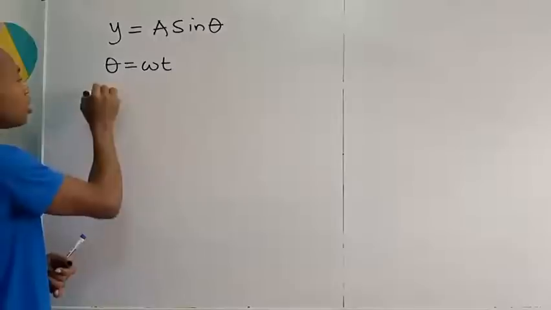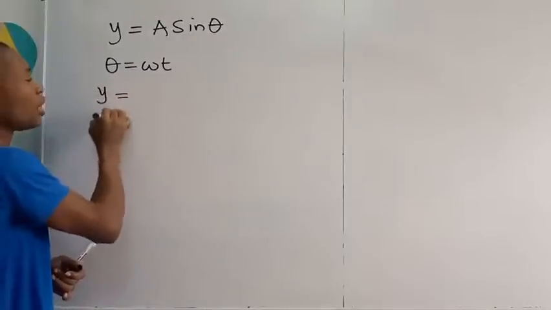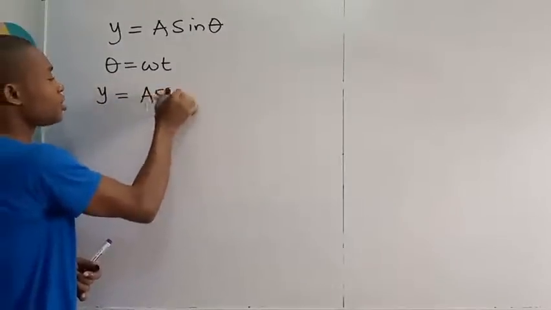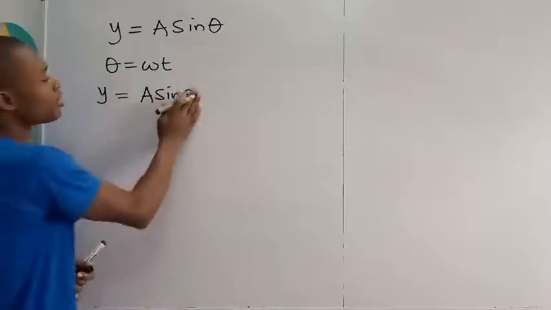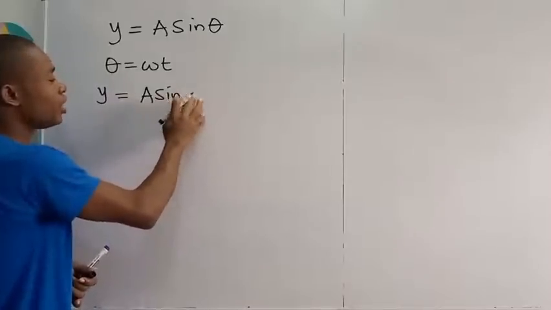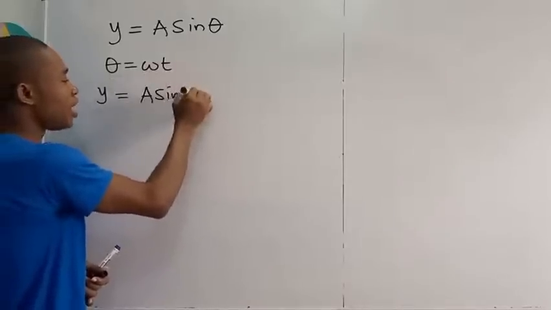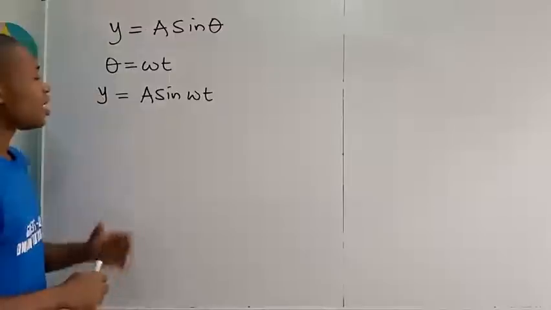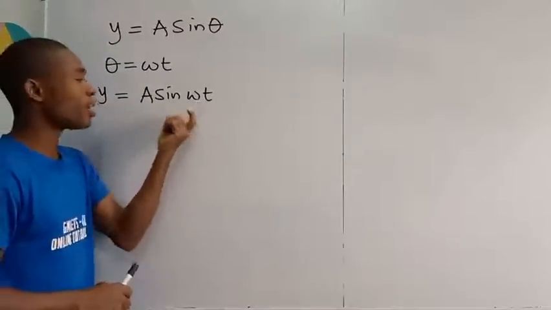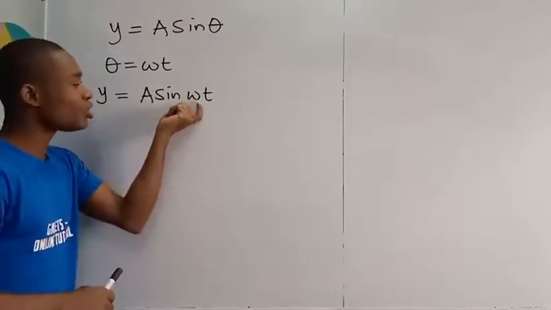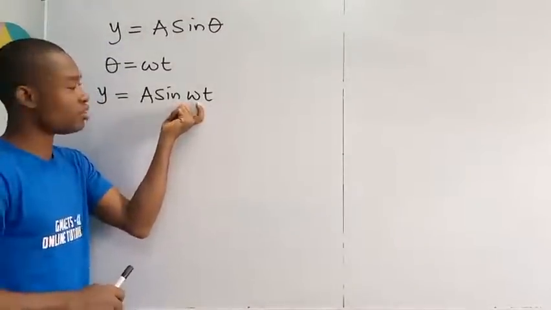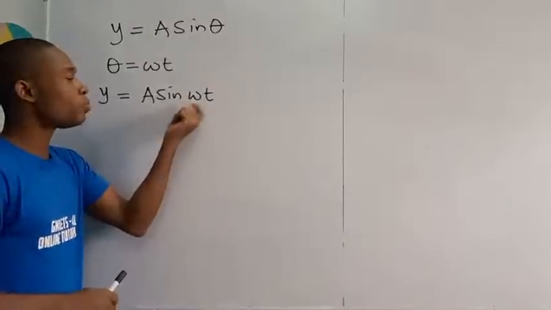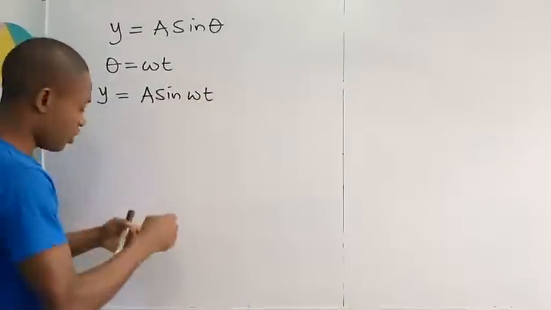In that case, the wave equation is now y equals a sine theta. That theta is now replaced with the angular velocity times time, omega t. We established in our previous class also that the angular frequency, angular velocity, is equal to 2 pi f, where f is the frequency.